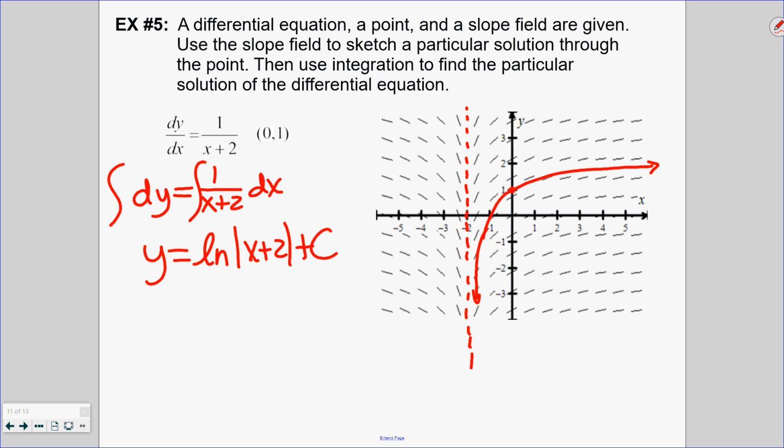So we want to find C. We're always going to plug in to find C right away, and we're going to do another section where we separate variables and solve a lot more. This is not as in-depth as we're going to get.